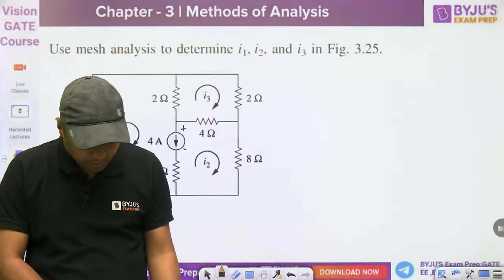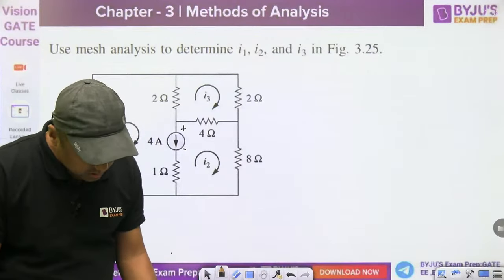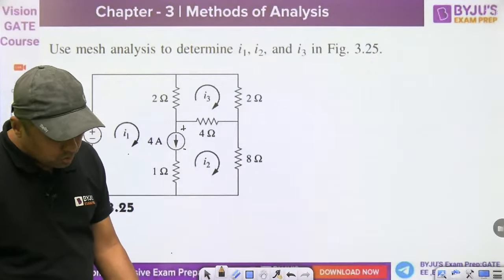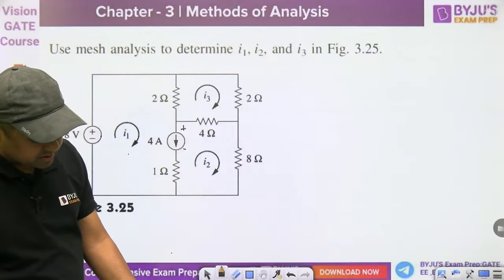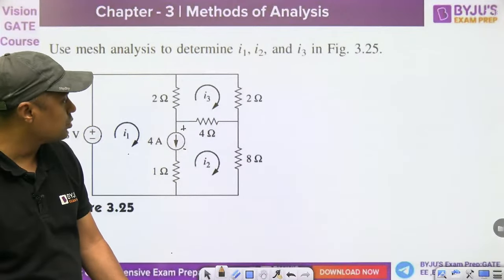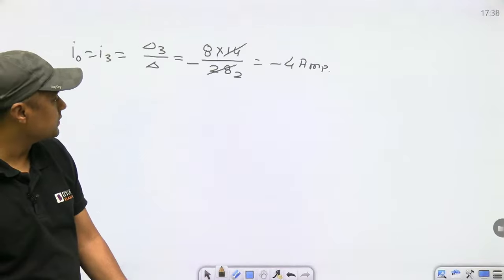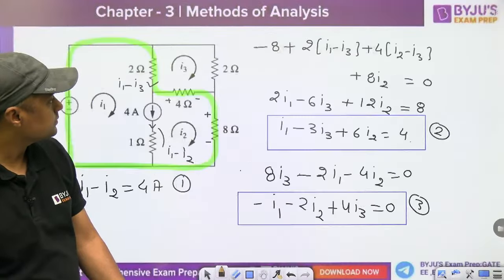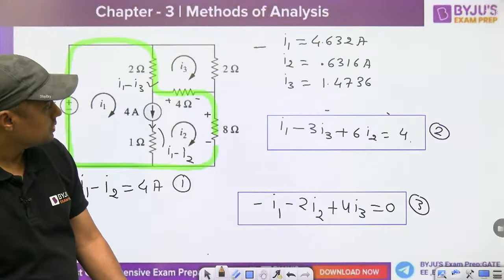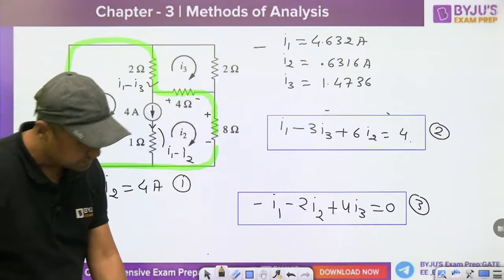This is the 3.25. Now, the answer is given: 1.4736 ampere, 0.6316 milliampere, and so on. Already I have given the answer for these questions. This last one is in ampere.